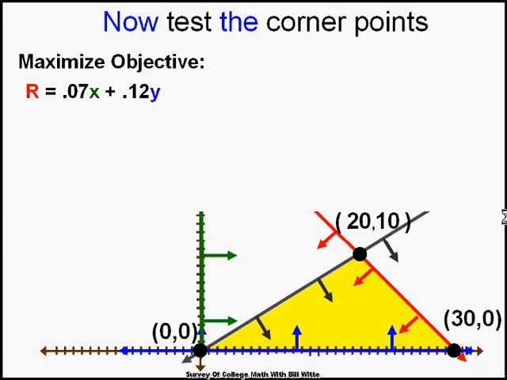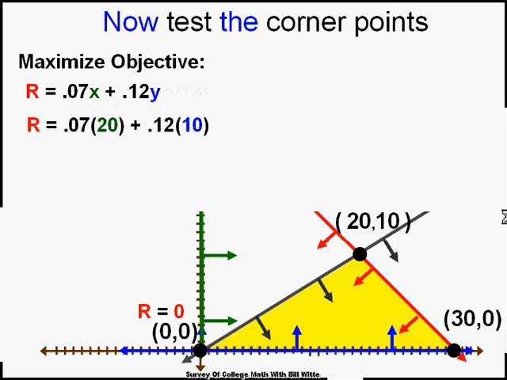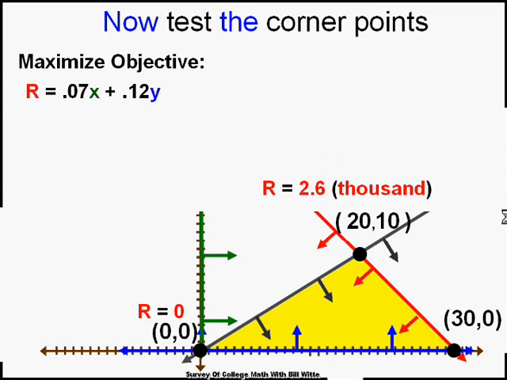Okay, all we have to do is figure out which point is the winner. At this point, the return would be putting in a 0. Wouldn't be very much, would it? Going to be 0. I don't think he's going to win. At this point, putting in a 20 for x and 10 for y, it looks like the return's going to be 2.6 thousand or 2.6.